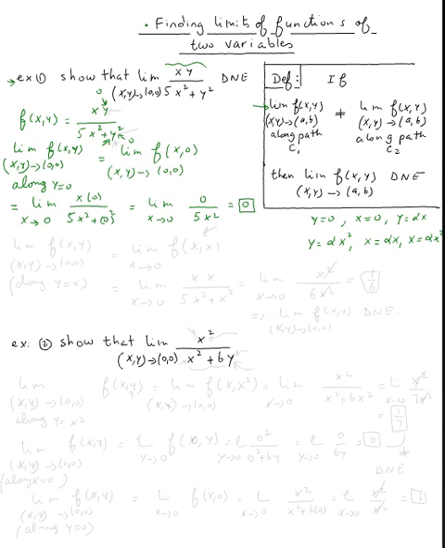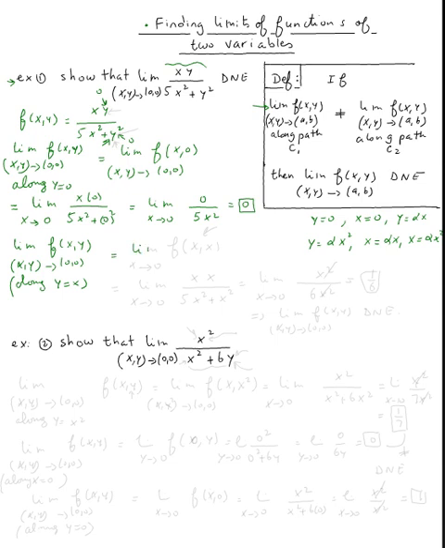So you'll get a number. Let me show you what I'm talking about. So in other words, I'm going to do the limit of f(x,y) as (x,y) approaches (0, 0), but along y equals x, and I'm going to show you why I choose y equals x. I want to get a number other than 0.